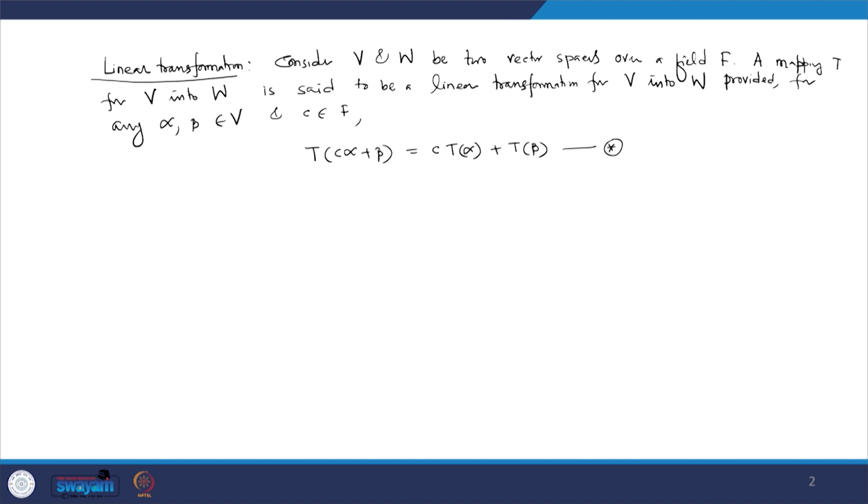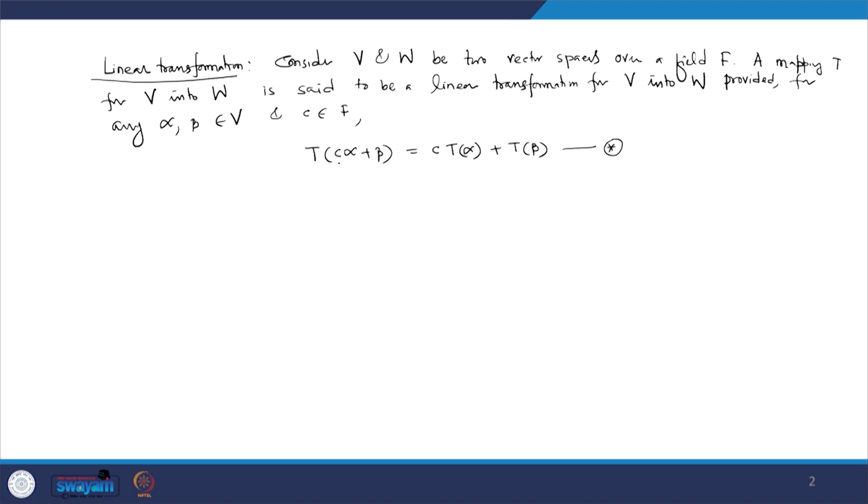See, here we have capital V and capital W. Both the spaces have their individual vector additions and scalar multiplications.